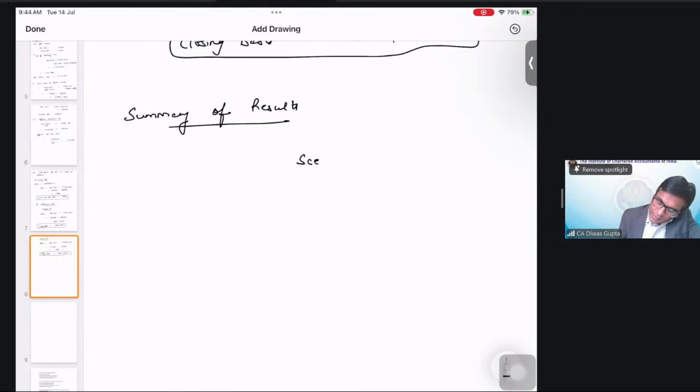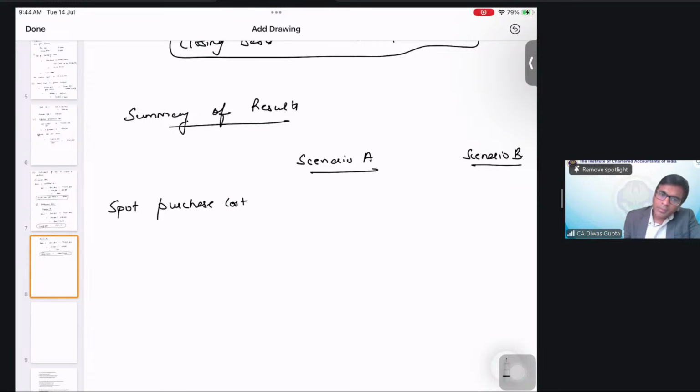So summary of results, students. If I plot scenario A, scenario B, spot purchase cost: 12 crores, 10.6 crores, right? In both the scenarios, whatever would have been my cash market cost would have been 12 crore and 10.6 crore.